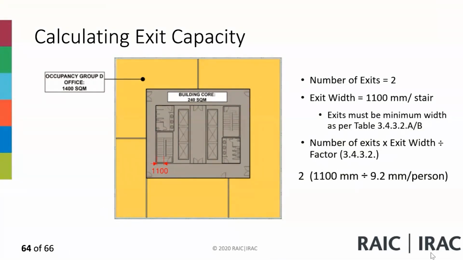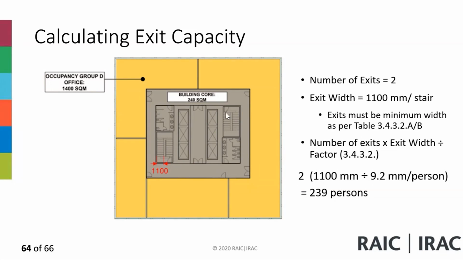So 2 times, I've got 2 exits, each of 1100. 1100 divided by 9.2 millimeter per person gives me the exit capacity per person. So per stair, it is 1100 divided by 9.2 people.